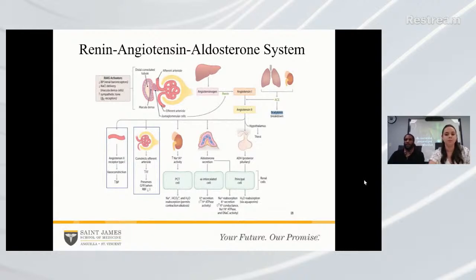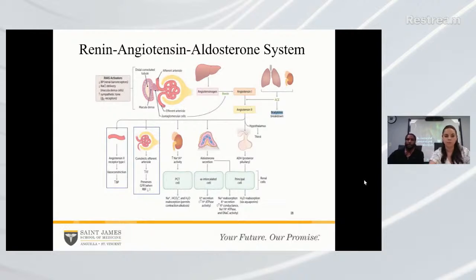They're going to sense any changes in blood pressure, sodium, or your sympathetic tone. And if they are triggered, they're going to release renin, which will convert angiotensinogen to angiotensin 1. And then in the lungs, ACE is going to convert it to angiotensin 2.